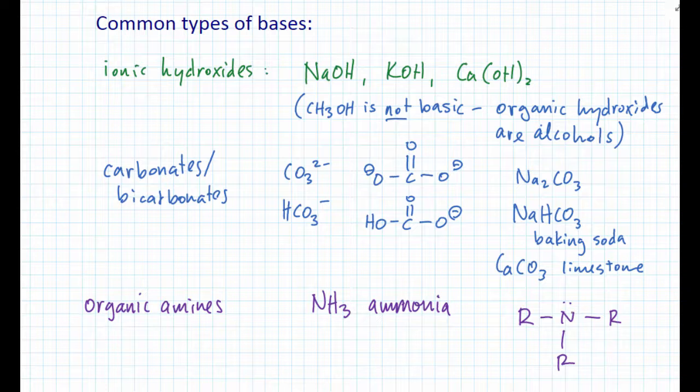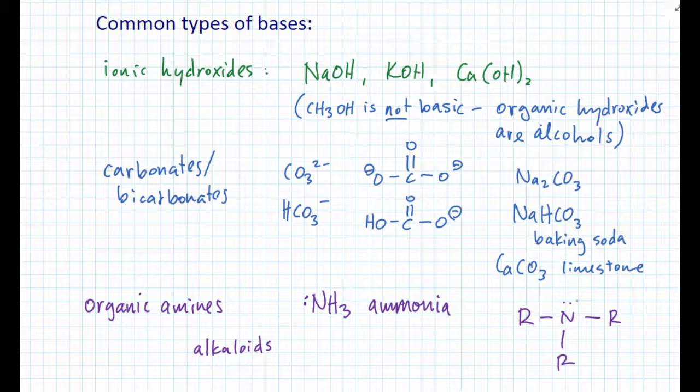We drew pictures of several of them that contained nitrogen. Sometimes they're called, I don't know if you'll ever run across this word, alkaloids. Alkaloid is just another word for an organic amine, but they are basic, and we'll talk about where that comes from.